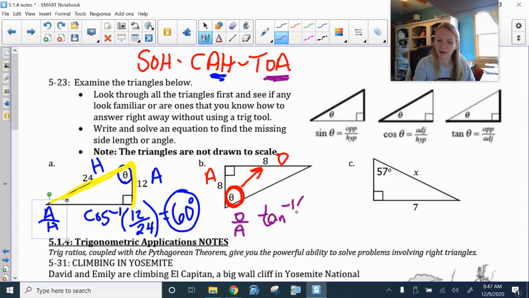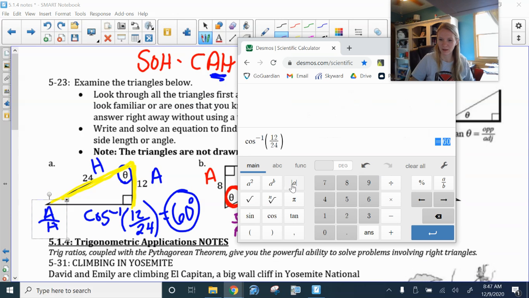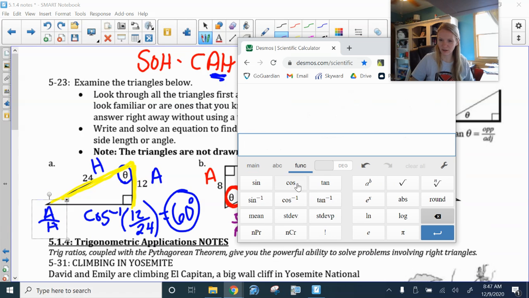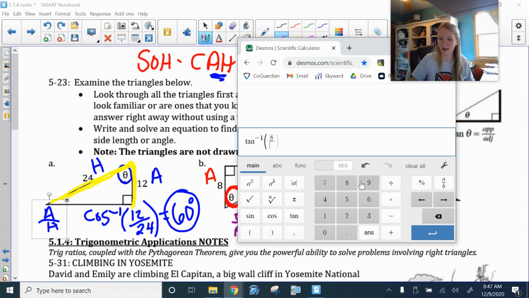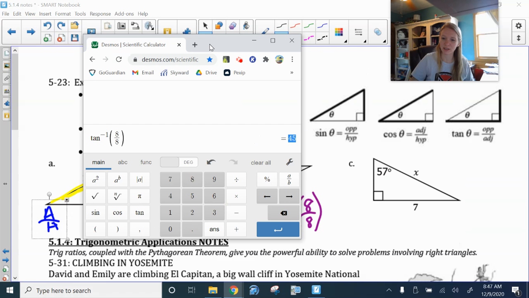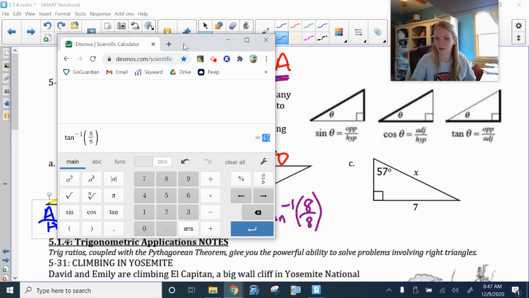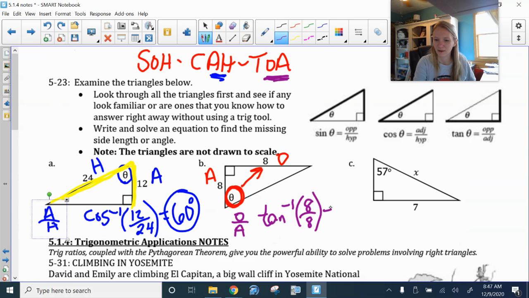If you're not sure, you can do your inverse: function, tangent inverse, 8 divided by 8, and sure enough, I get this nice whole number. Again, they're not always going to be whole numbers. It's just that this is one of the particular cases where it happens. Even though it doesn't look like it, and that's what they mean by not drawn to scale, the sides are equal, which means the angle has to be 45.